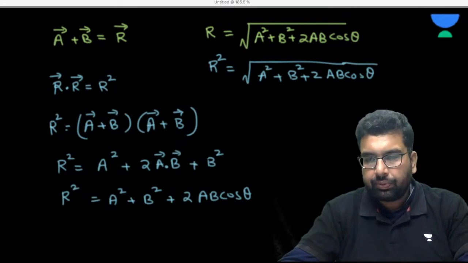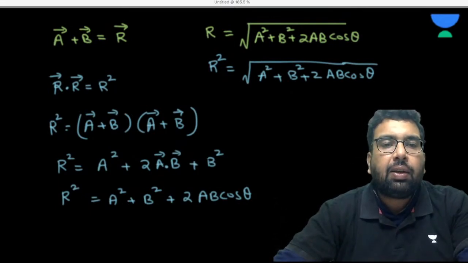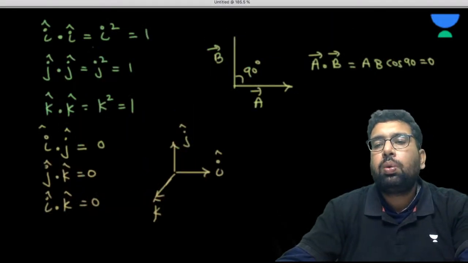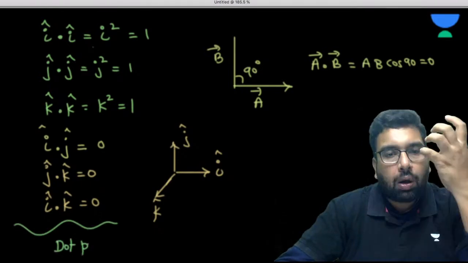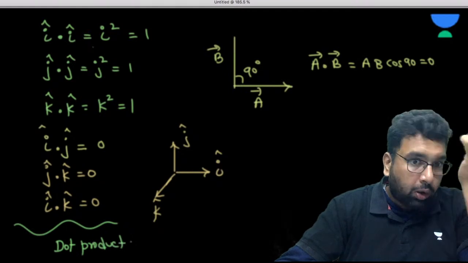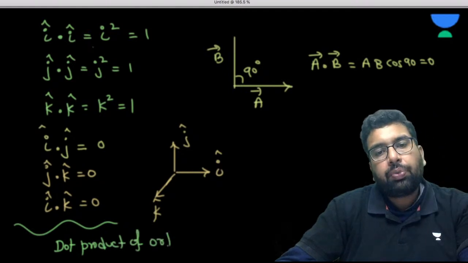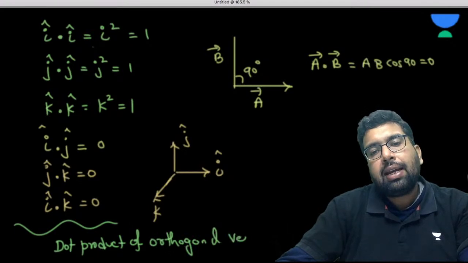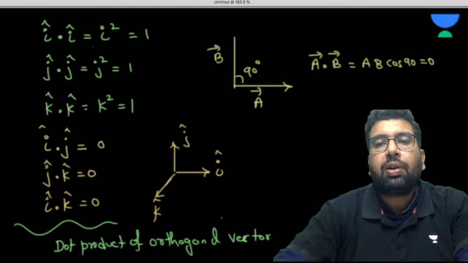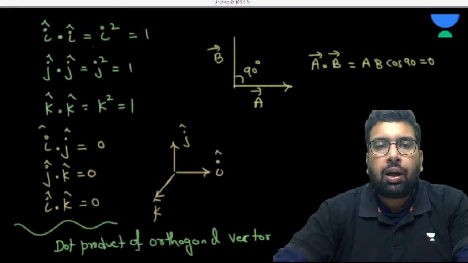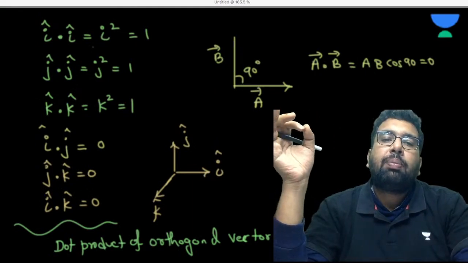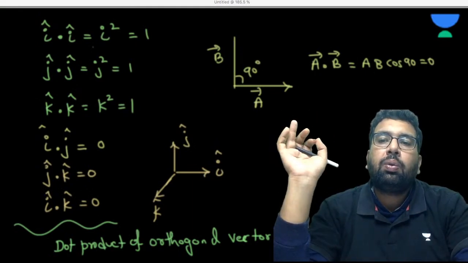Yes or no? Wonderful. And with this we also come to understand how to deal with the dot product of orthogonal unit vectors. So see what you need to keep in mind: I cap dot I cap. When an orthogonal unit vector is multiplied by itself, it gives unity.